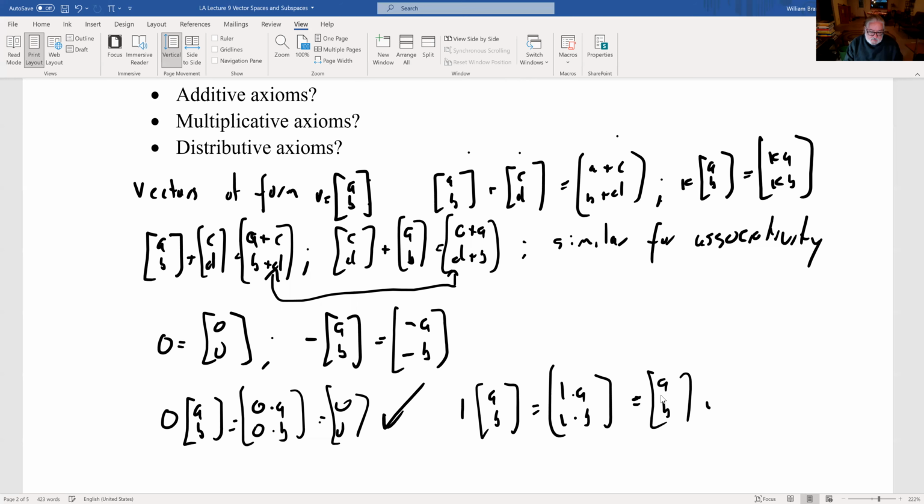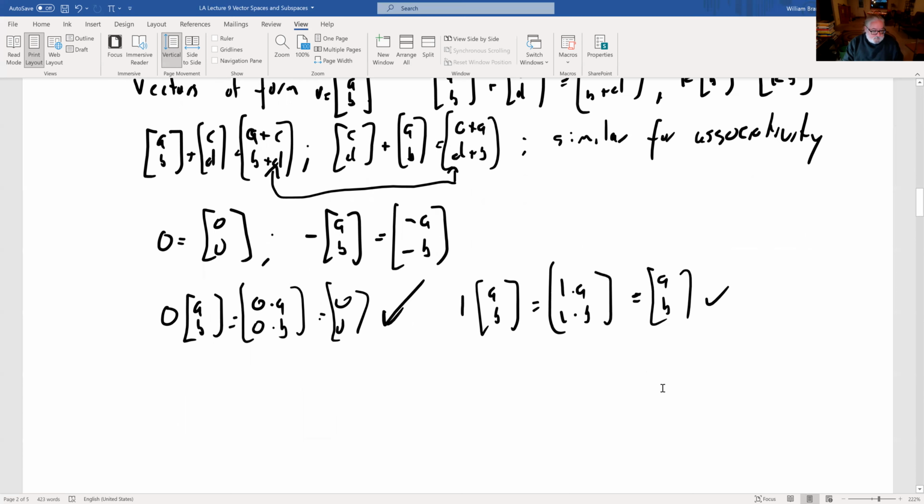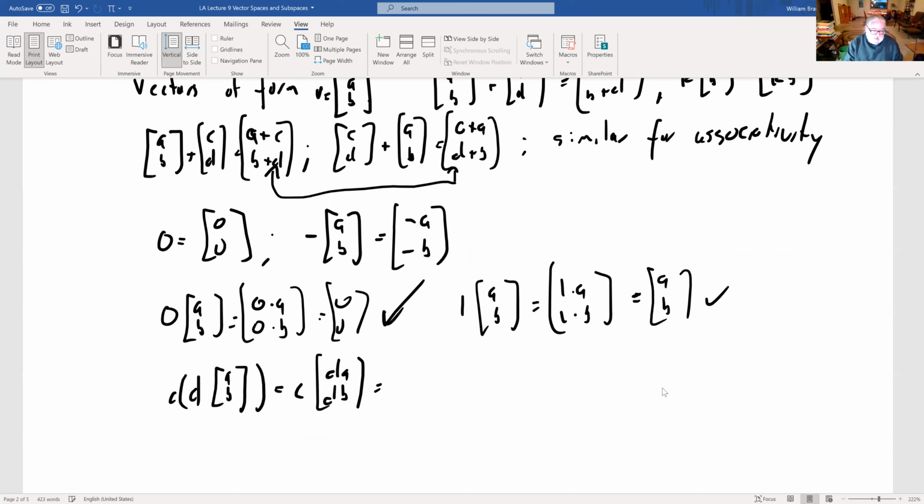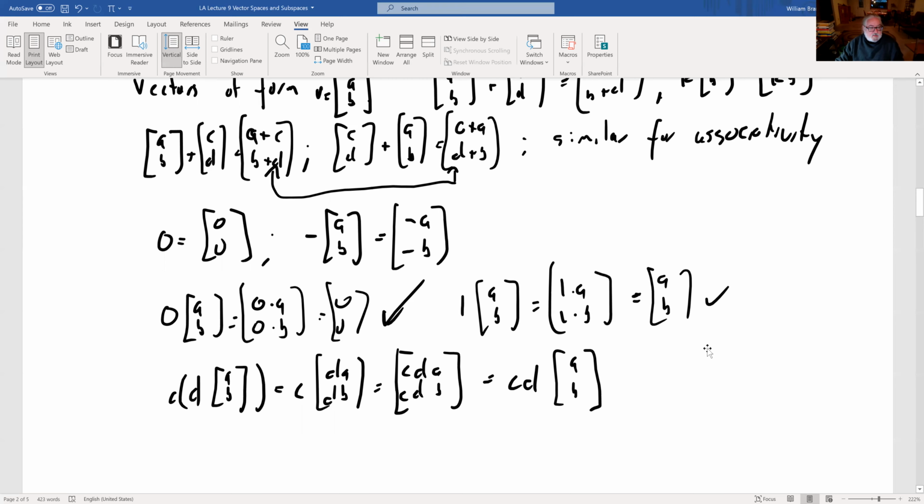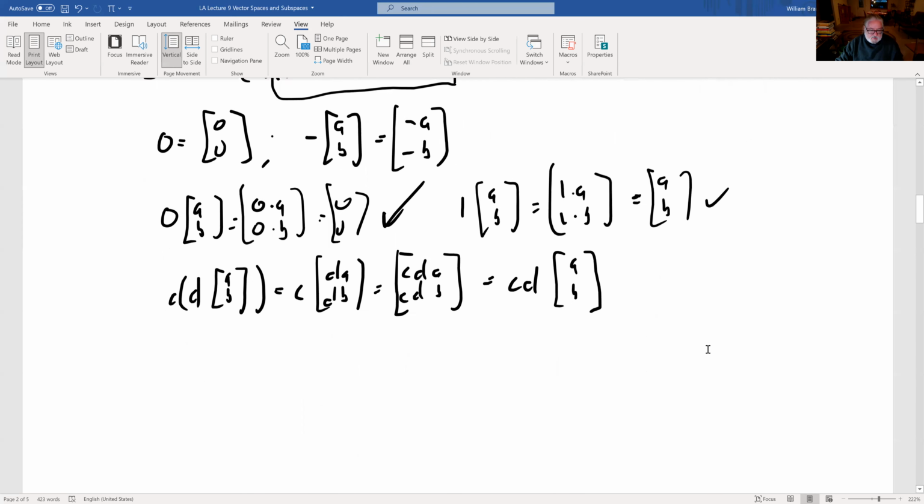And so that's equal to the vector, check. c times d times a vector (a, b) is c times the vector (da, db) equals (cda, cdb). But of course, that's the same thing as (cd) times (a, b). So we have the multiplicative distribution there.